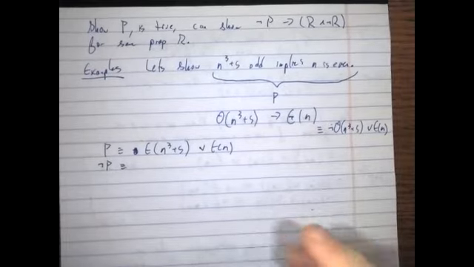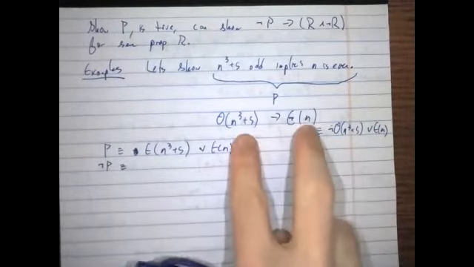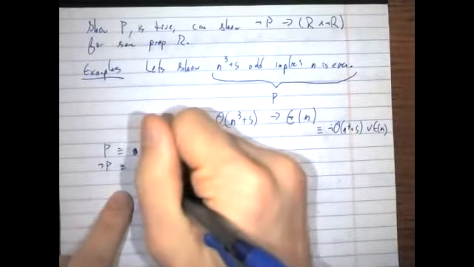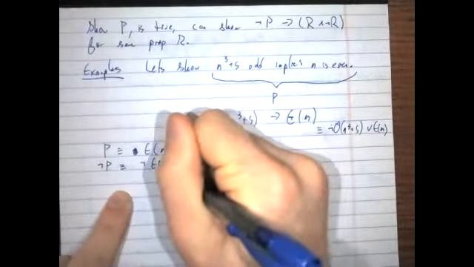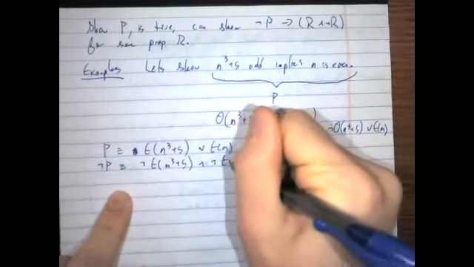Yeah, it'll be P and not Q, which is how we negate an implication. As we see here, it'll be not E of n cubed plus 5 and not E of n.